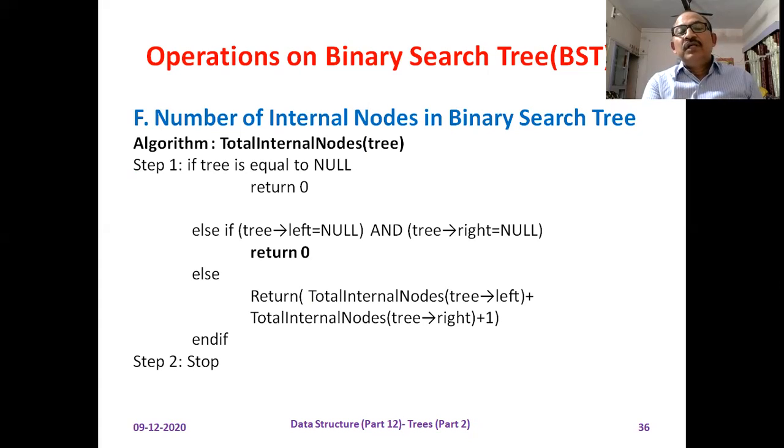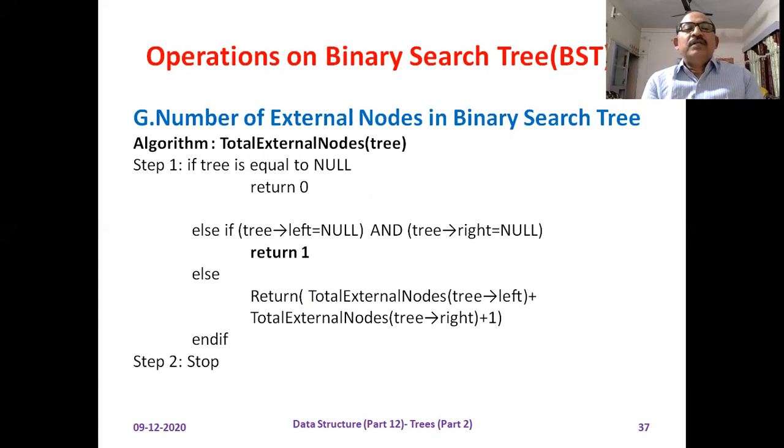Tree left is equal to null and tree right is equal to null. If a node has left and right child equal to null, that node is a leaf node. Else, we will return total internal nodes tree left plus total internal nodes tree right plus 1. Okay.